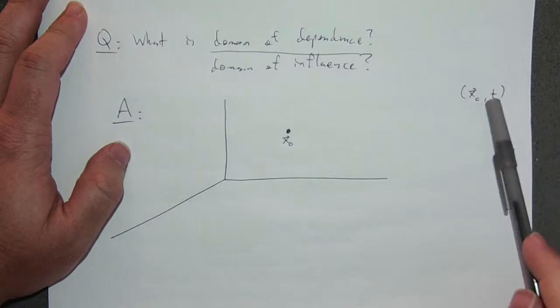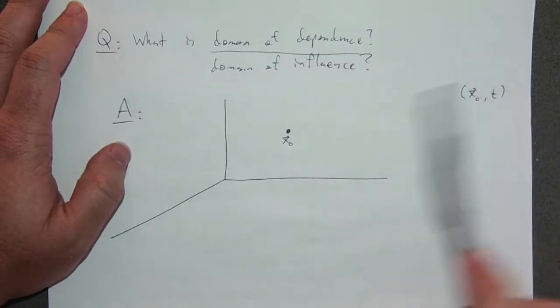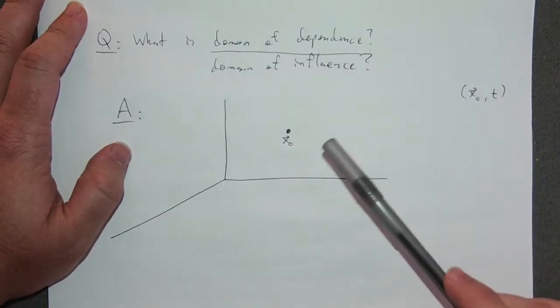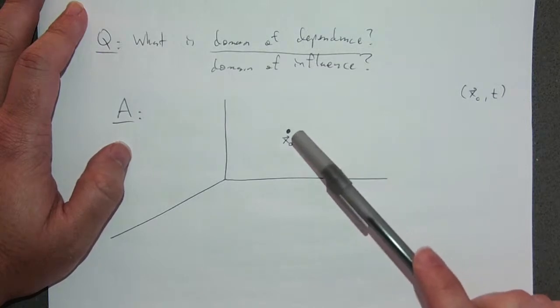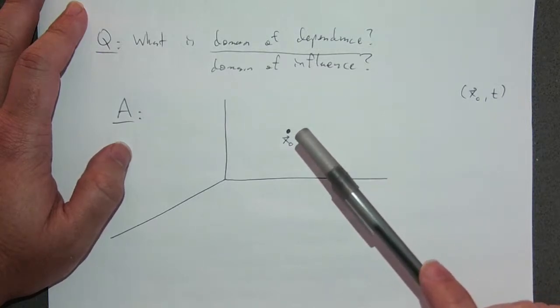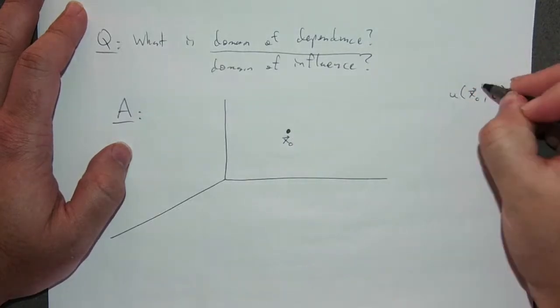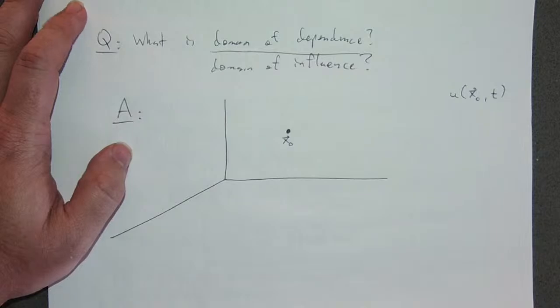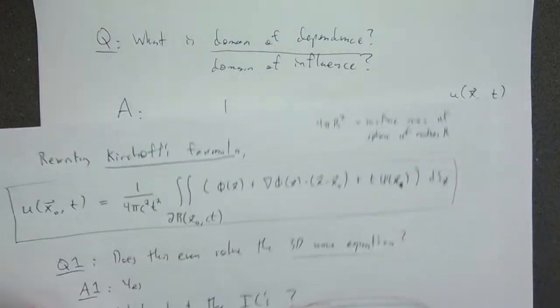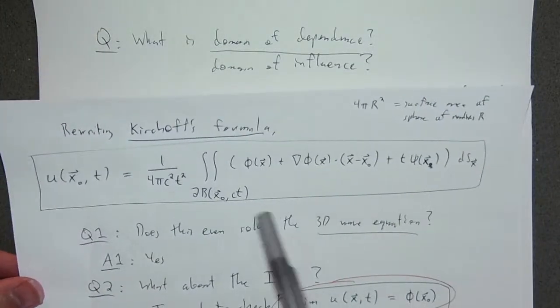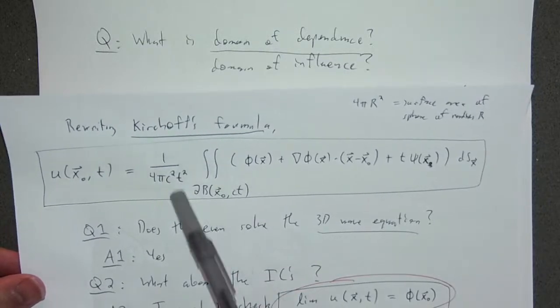So at a fixed position x naught and t, what points contribute to my displacement here? Well, from Kirchhoff's formula, it is exactly points on this sphere.